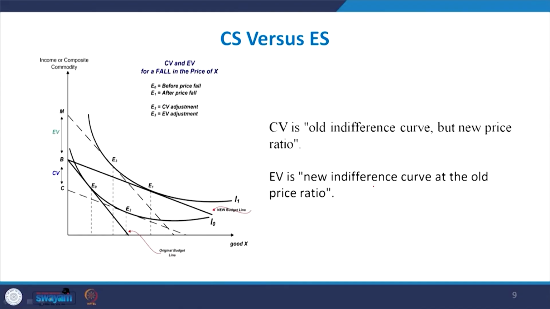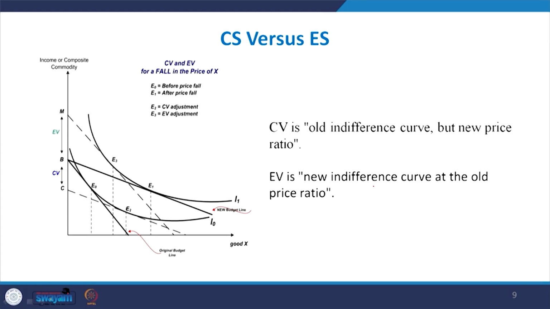Here in this graph you can see compensated variation as well as equivalent variation. As I already told you, compensated variation is old indifference curve but new price ratio. So, old indifference curve, new price ratio.